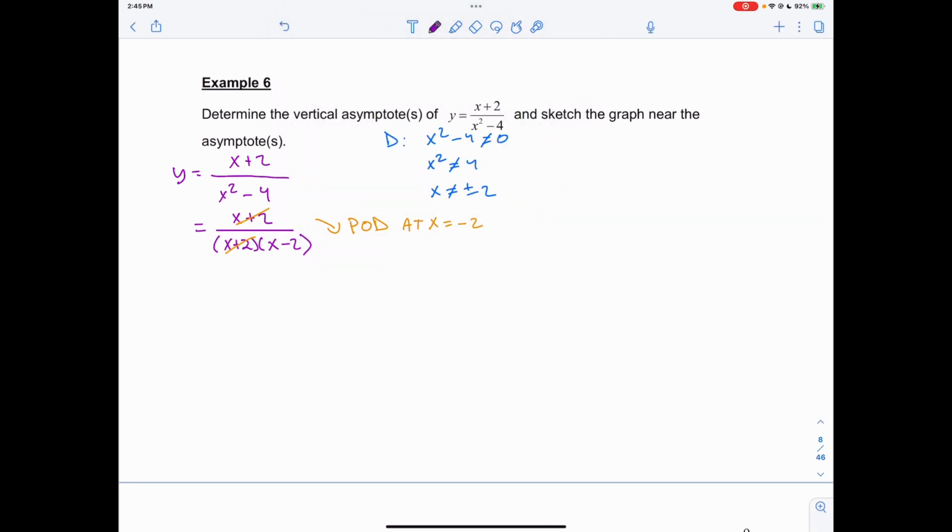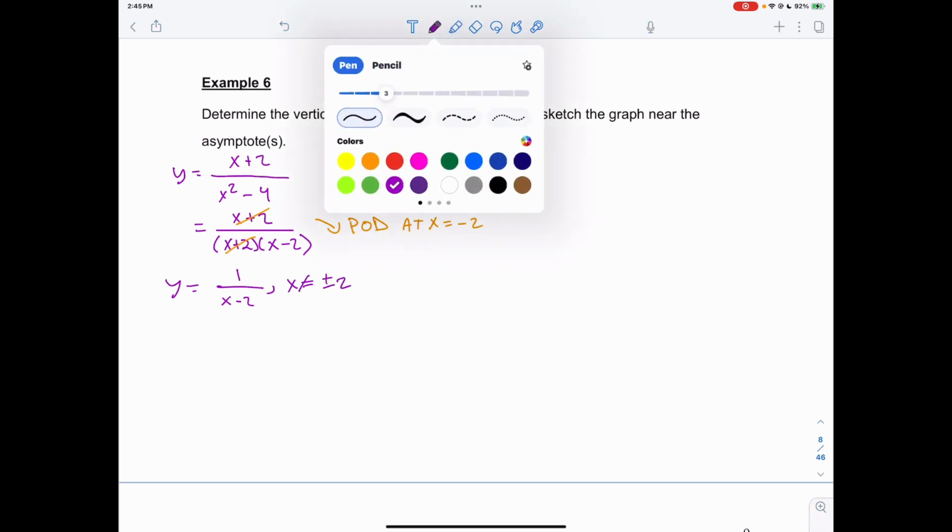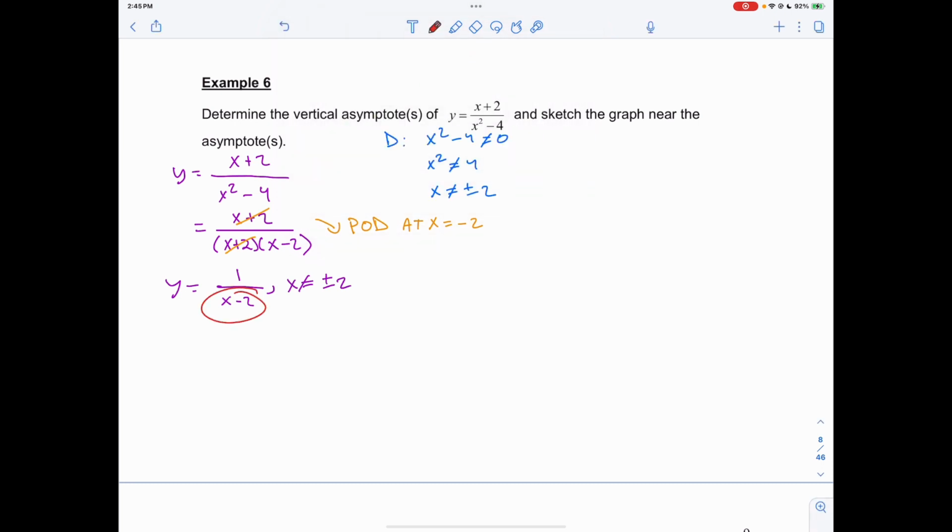This leaves us with y is equal to 1 over x minus 2, where x cannot equal positive or negative 2. And based on our simplified form, we know that we have a vertical asymptote at x is equal to 2.